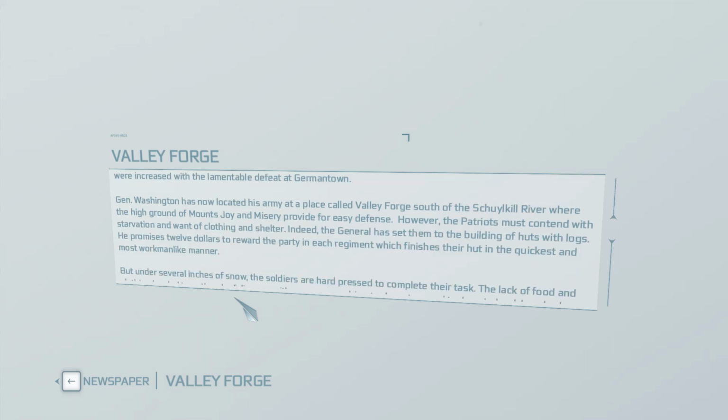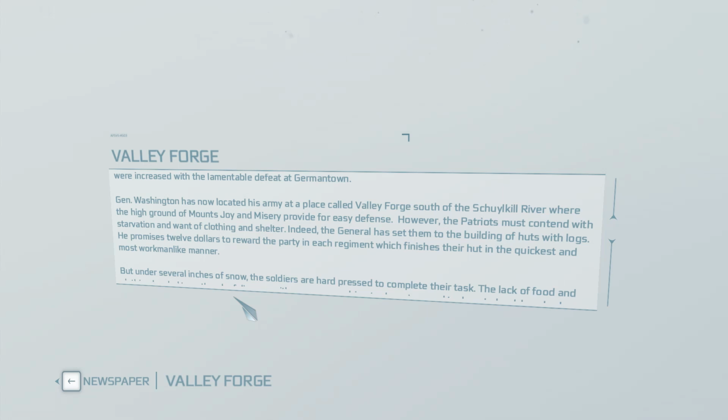General Washington has now located his army at a new place called Valley Forge, south of the Schuylkill River, where the high ground of Mounts Joy and Misery provide for easy defense. However, the Patriots must contend with starvation and want of clothing and shelter.